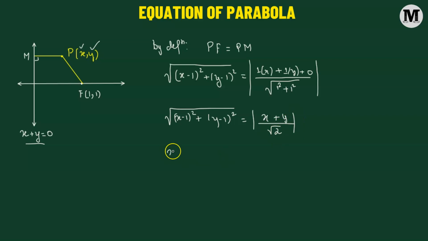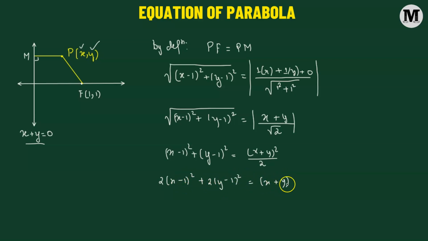What we'll do, we'll square both sides to get x minus 1 whole squared plus y minus 1 whole squared equals x plus y whole squared divided by 2. So we can cross multiply with 2 to get 2 times x minus 1 whole squared plus 2 times y minus 1 whole squared equals x plus y whole squared.